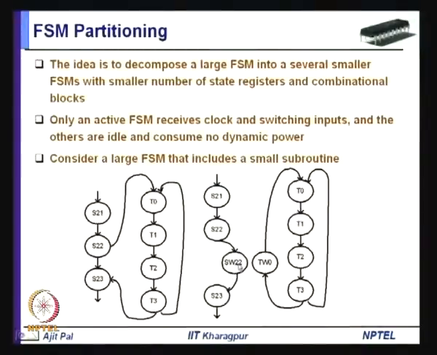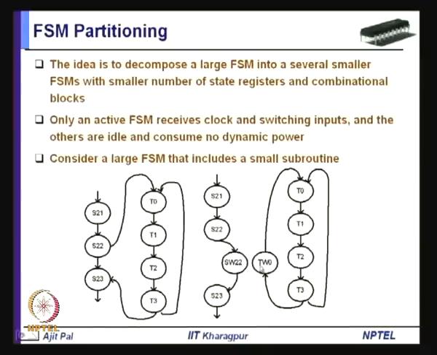So, this is illustrated with the help of a simple example by decomposing a single FSM into two FSMs, but you can decompose into several FSMs. The basic idea is that you can identify a large FSM, find out smaller subroutines which have high probability of transitions, and then divide them into several FSMs in this way by adding some extra states.